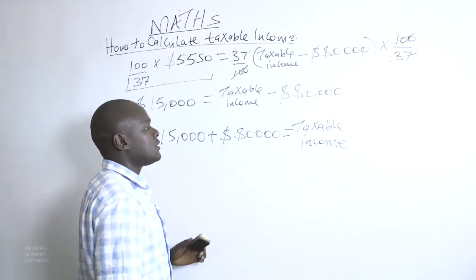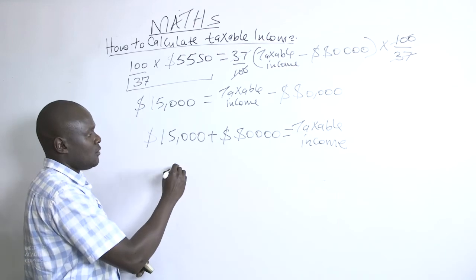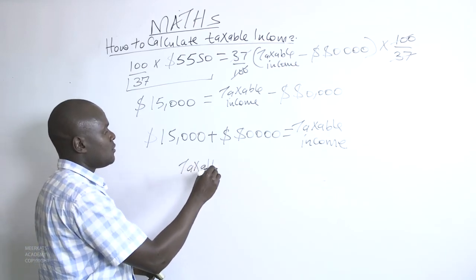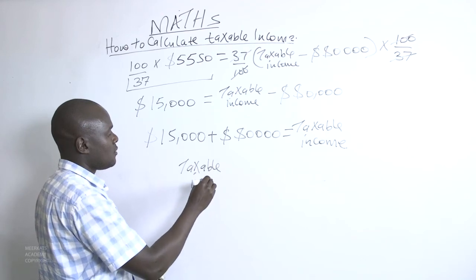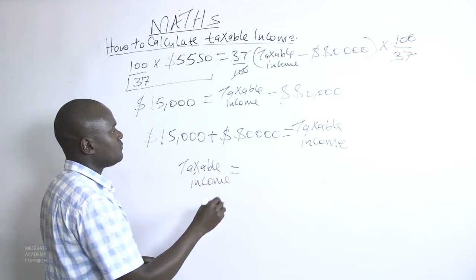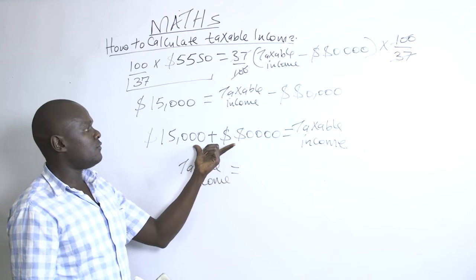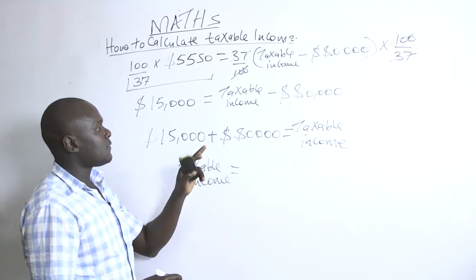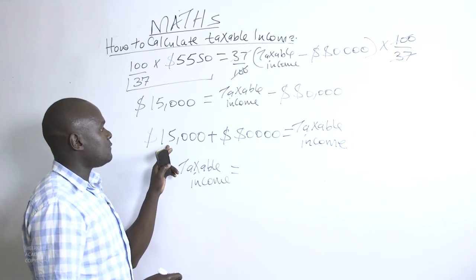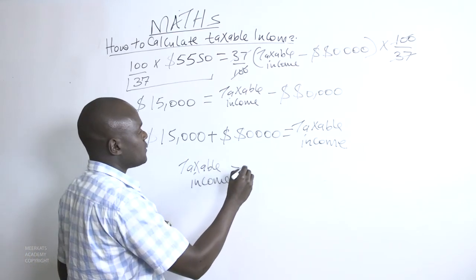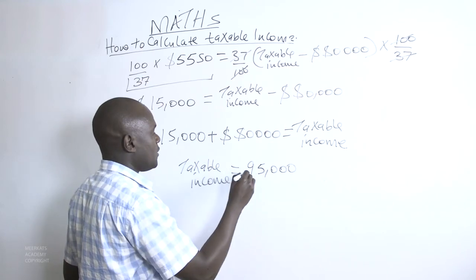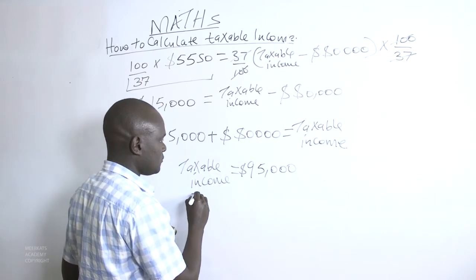This should be equal to our taxable income. And this actually will give us our taxable income as the sum of these two figures. And when you add 80,000 and 15,000, you will get $95,000.